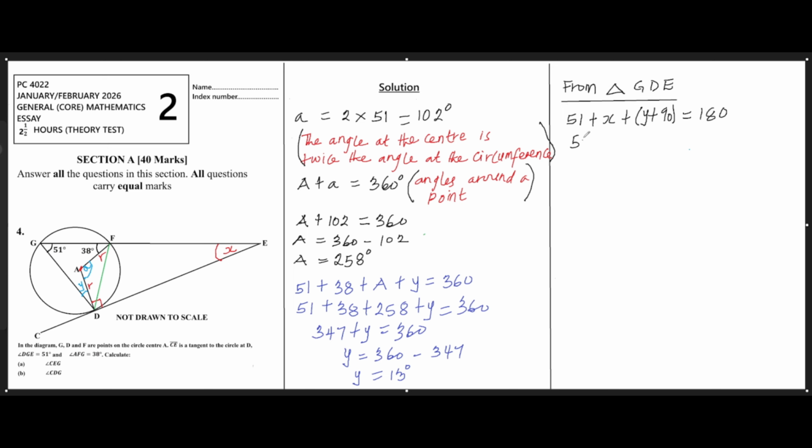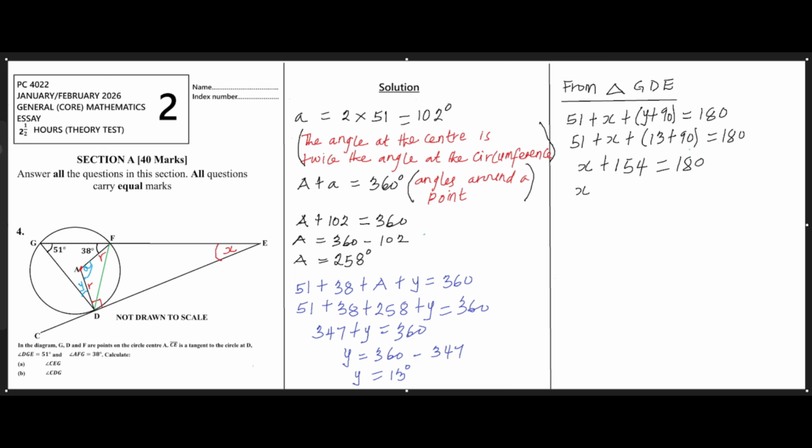So we have 51 plus x plus y, which is 13, plus 90 should be equal to 180. 51 plus 13 plus 90 is 154, and this plus x should be equal to 180.